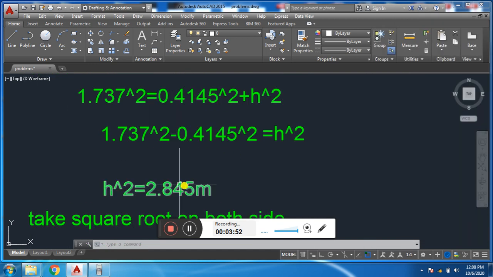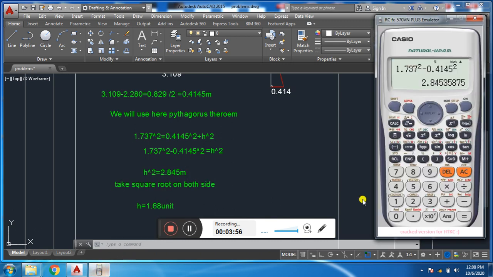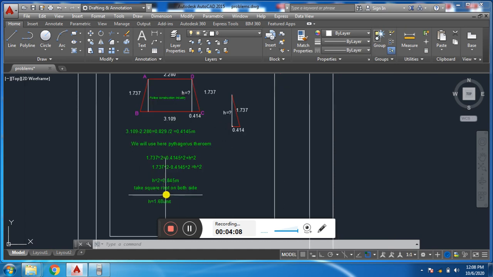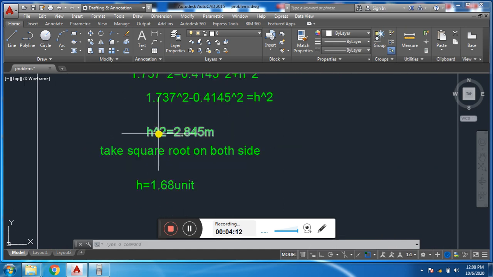When we take the square root on both sides, we will get the square root of 2.845. We have got the answer 1.686 unit, and h square becomes h after the square root.